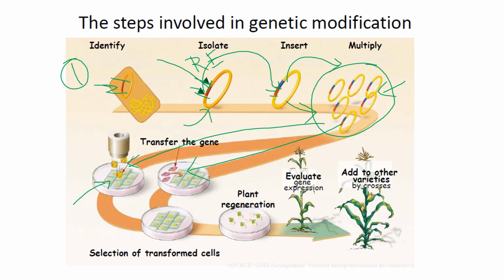So after bombarding or mixing the genetically engineered molecules with the plant cells, certain plant cells will take up the DNA, certain plant cells will not take up the DNA.